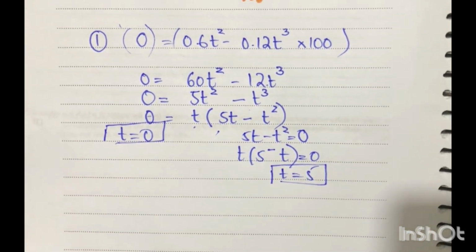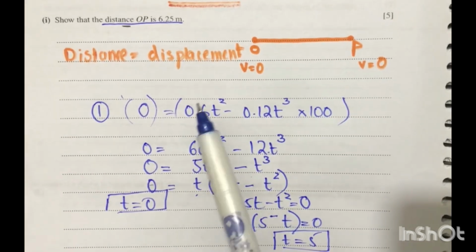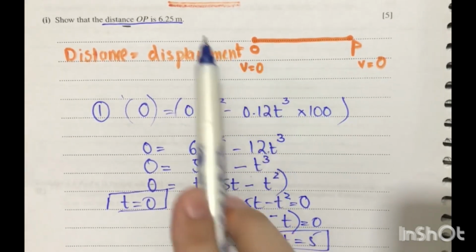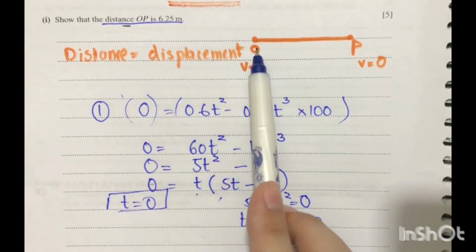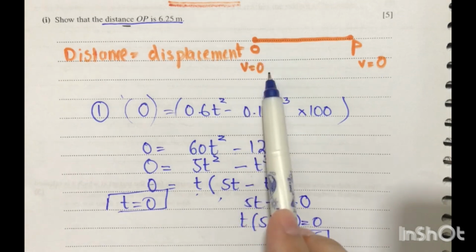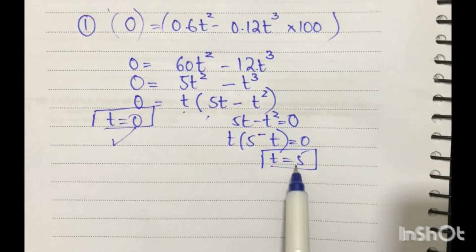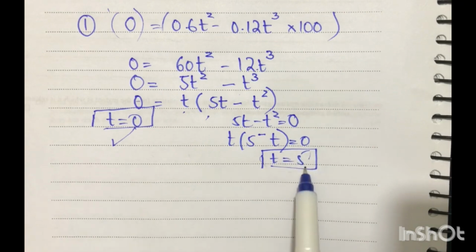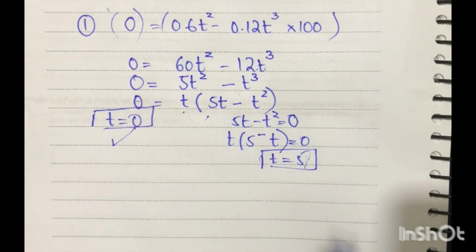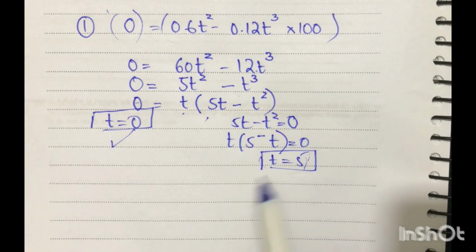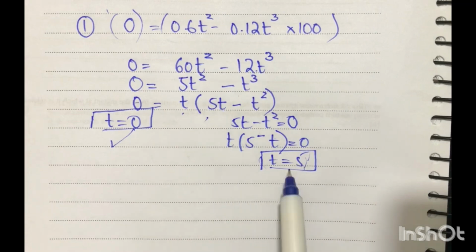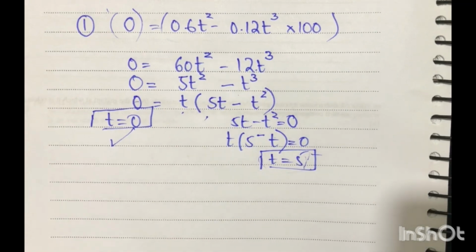This corroborates with the question, since velocity is also equal to 0 when starting from point O. So when time is 0, velocity is 0. And at another point, when 5 seconds have passed, velocity is 0 again. So this means that the particle reaches point P after 5 seconds.